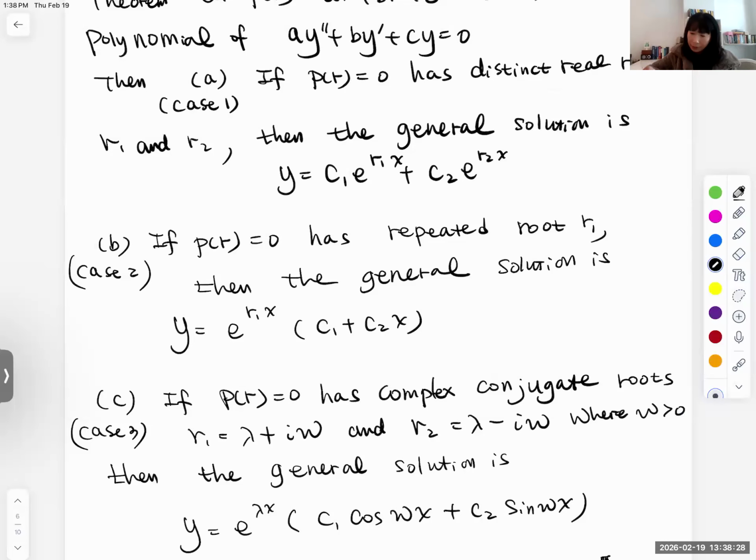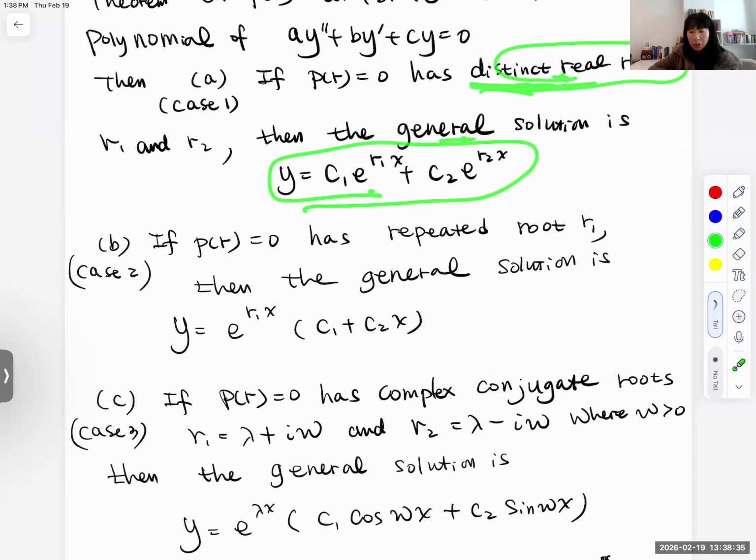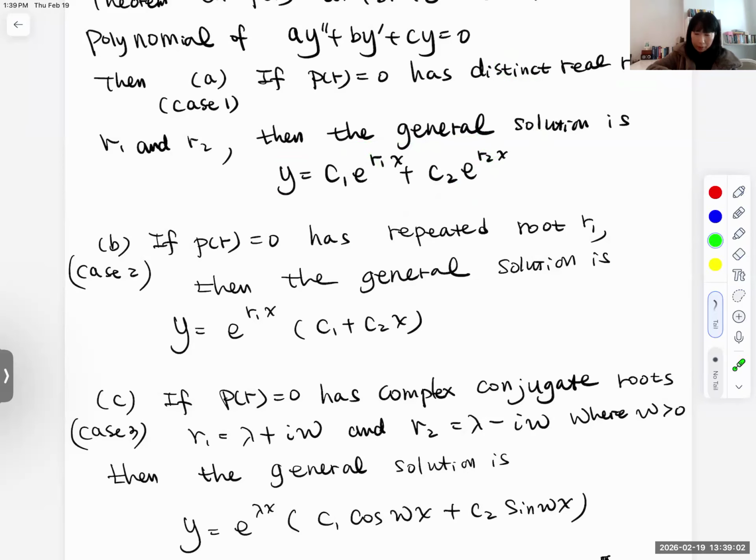If we have distinct real roots, then we can have this form of general solution. This one was from before, when we had the complementary solution, and now we're using this one as the complementary solution. So this is the form: we use the first solution and the second solution, in that case 3 and 4. Okay, let's go back.